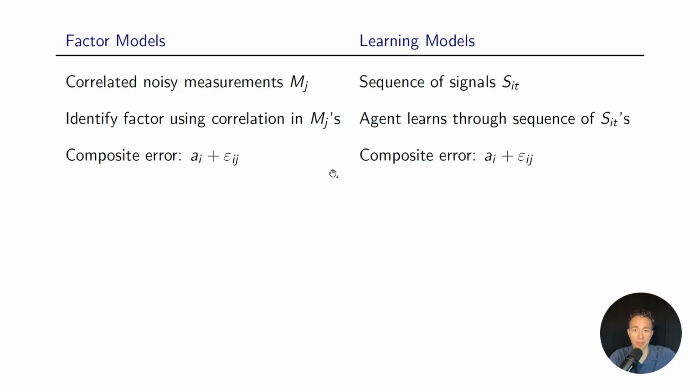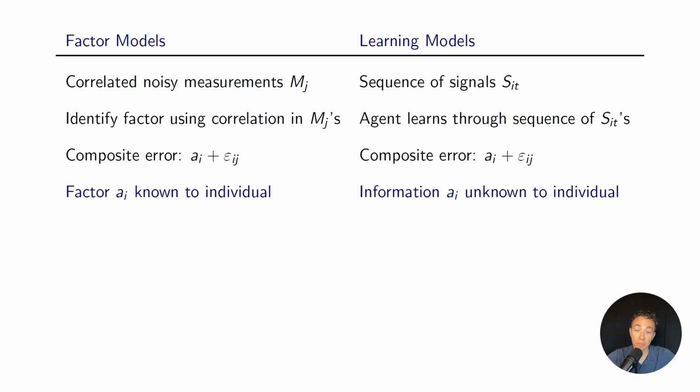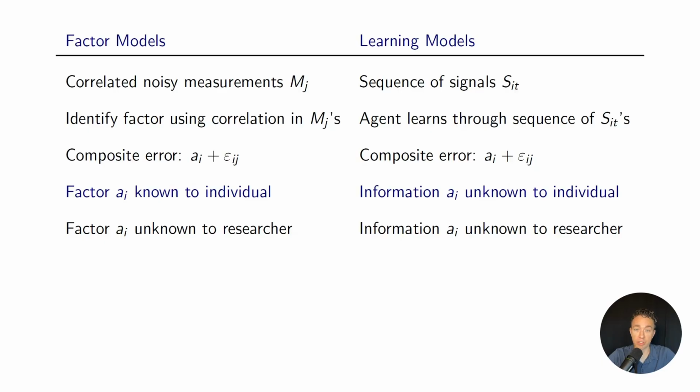But of course, we can just redefine indices of variables however we want. The key difference between these two models is that the factor a sub i is known to the individual in factor models, but the information a sub i is unknown to the individual in learning models. And in both models, the researcher does not know the true value of a sub i.